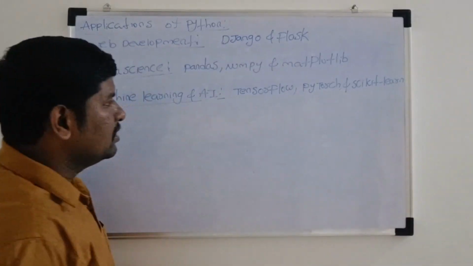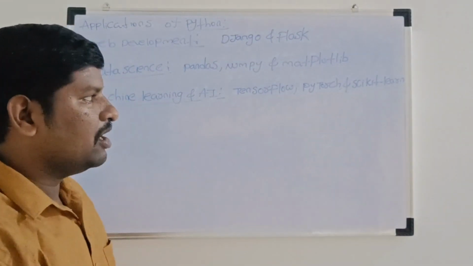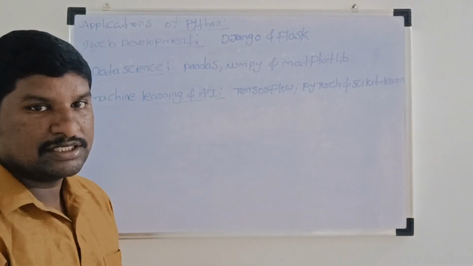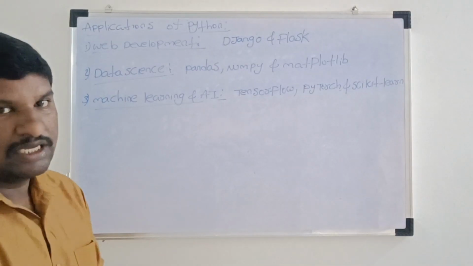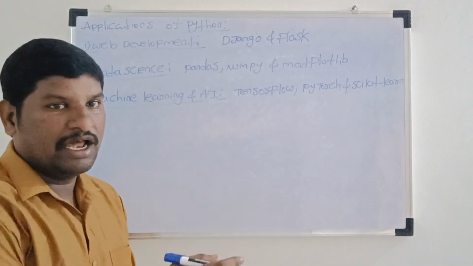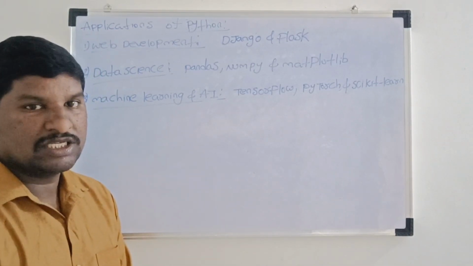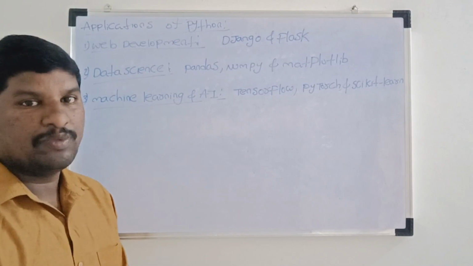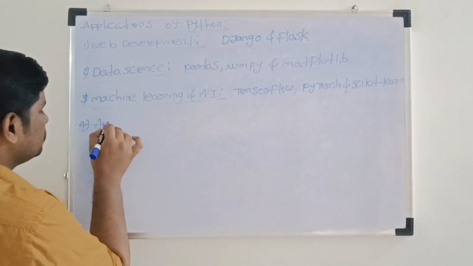Okay, so here TensorFlow, PyTorch, and scikit-learn are Python libraries for machine learning and artificial intelligence. Here, Python helps you create programs that can learn from data, like recognizing images or predicting stock prices. Okay, and next fourth one, automation.